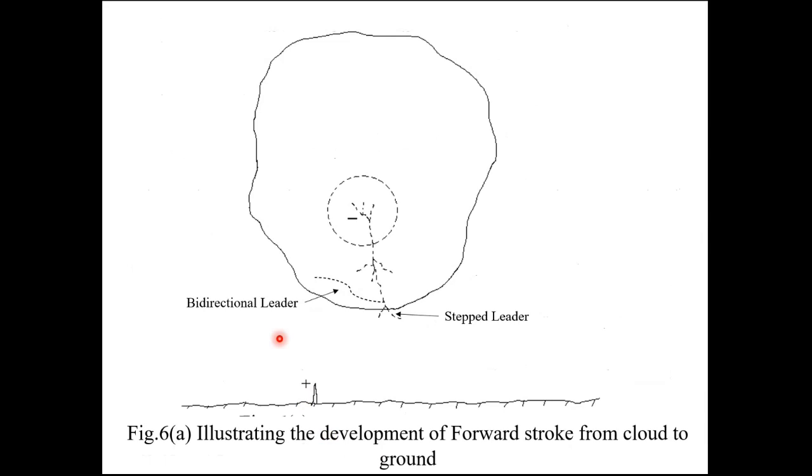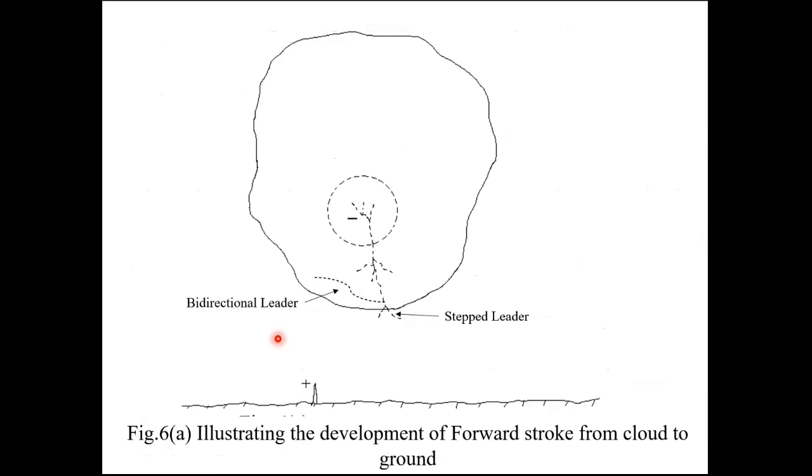So what happens is that it will wait. In this waiting period, very short time, they're all in sub-microseconds. 1 microsecond is 10 to the minus 6 seconds. Sub-microsecond time is required only for the parent cloud to feed the charge into the tip. And once the tip is fed with electrical charge, the electric field at the tip increases and it progresses further. So this is what we call a stepped leader.